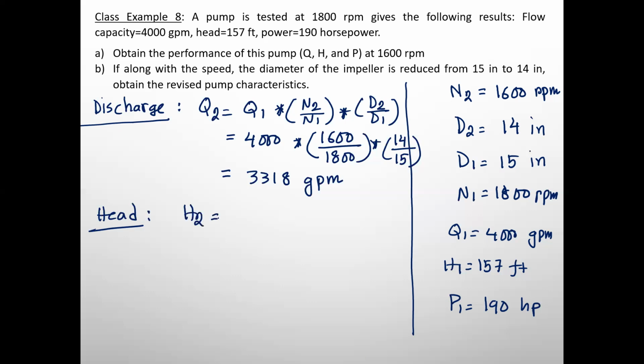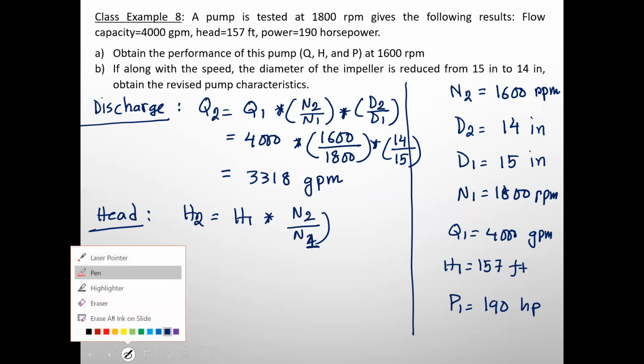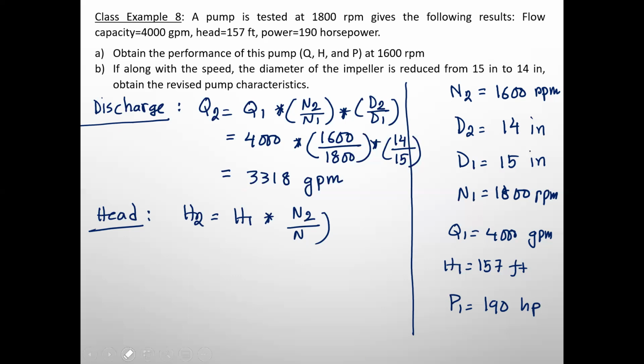Now discharge head H2, and the equation was H1 times N2 over N1 squared times D2 over D1 squared.